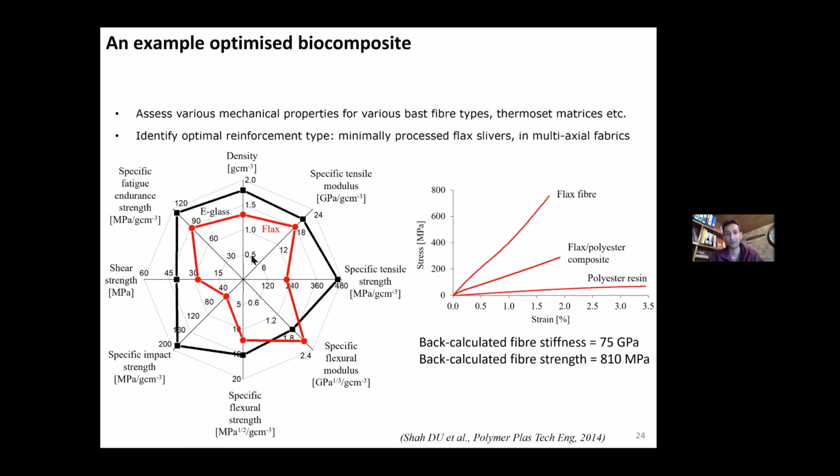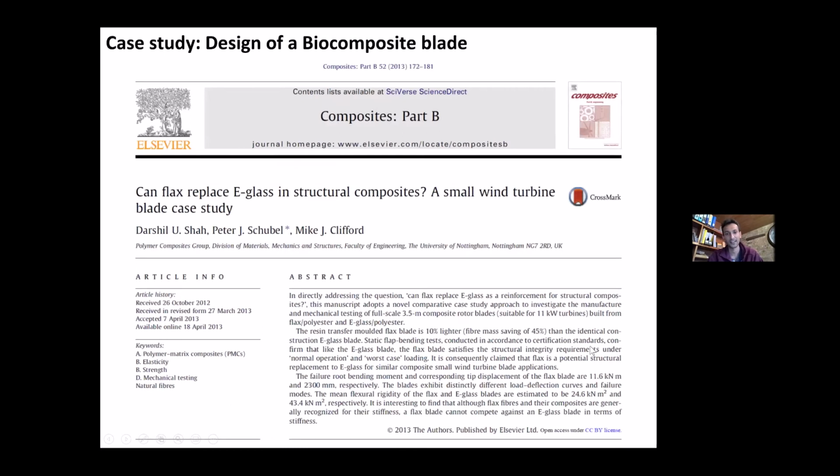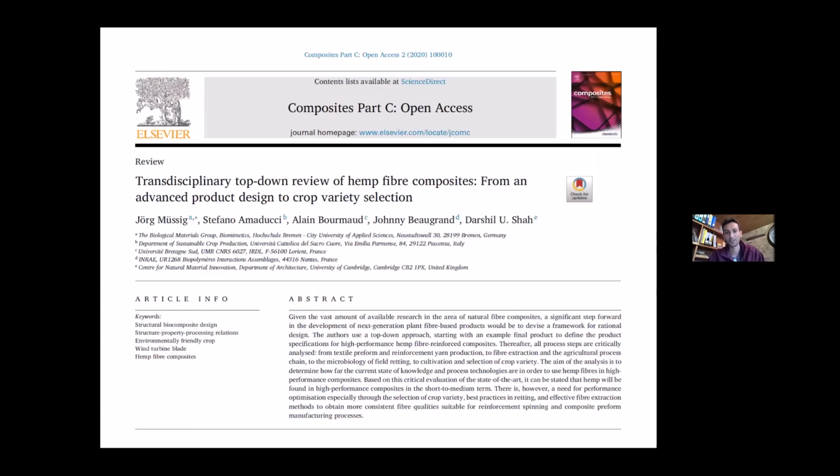And we can see from our analysis that in terms of specific flexural modulus, the flax performed better than the e-glass composite, and even the back calculated fiber stiffness of flax was 75 gigapascals. Some of the details of the following case study on the biocomposite blade are in this paper, and you might also find a bit more details of the design in this more recent paper.